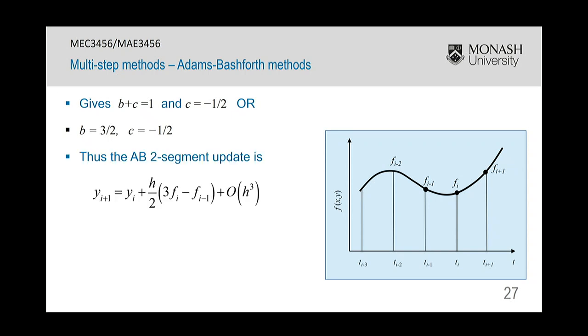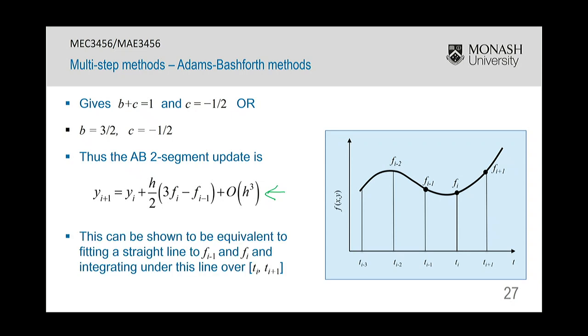Therefore, going back to what we had originally written, our Adams-Bashforth 2-segment update is written as yi plus 1 is equal to yi plus h on 2, 3 times the function value at i minus the function value at i minus 1, plus some terms that are order h cubed. That's our error term, that last term there.